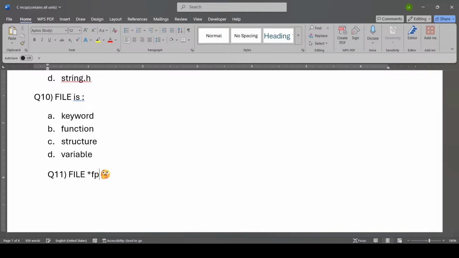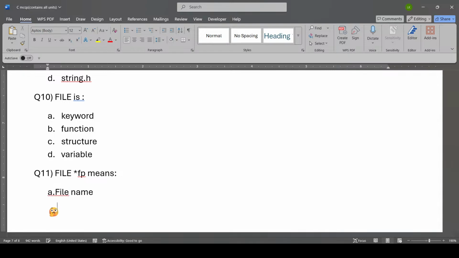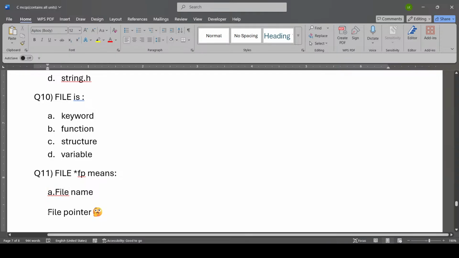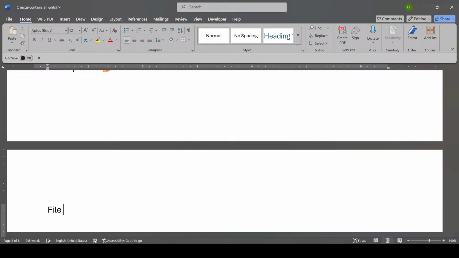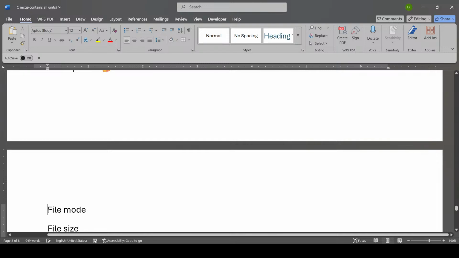FILE *fp means: first, file name; next, file pointer; next, file mode; next, size.